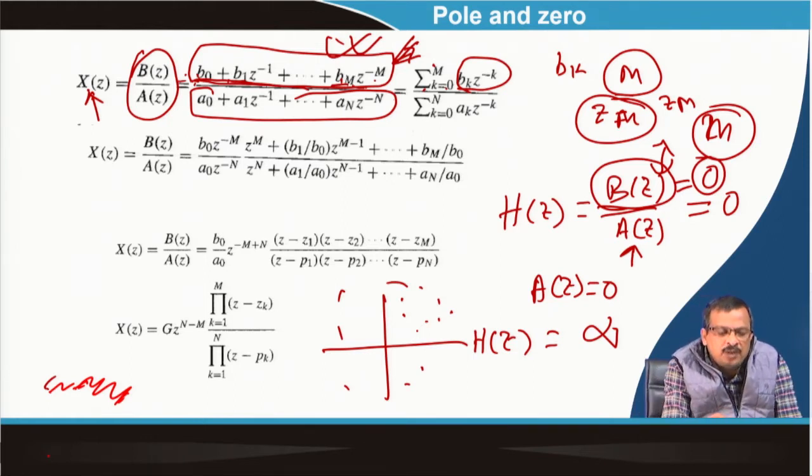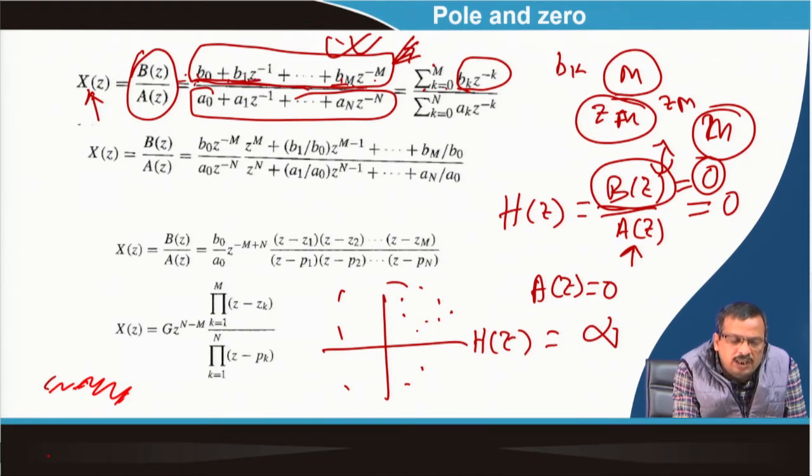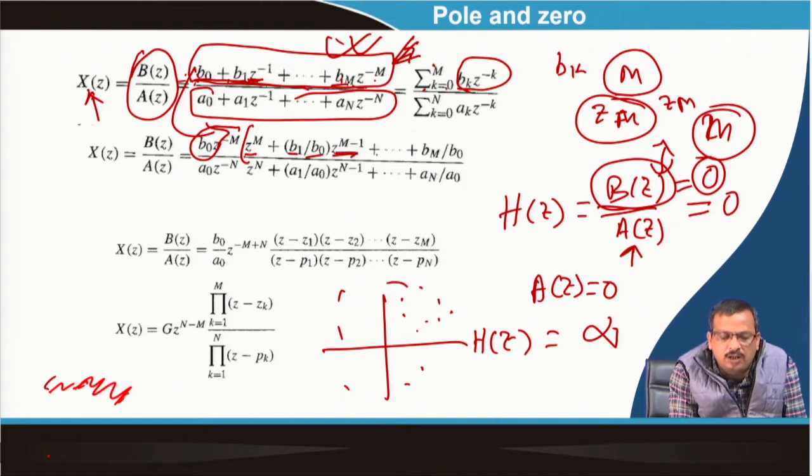Now, this is z to the power minus 1. If I want to make it positive, I take z to the power m outside of this equation. Then, with b0 as 1, I can write z to the power m, plus b1 by b0 into z to the power m minus 1, plus dot dot dot, plus bm by b0.